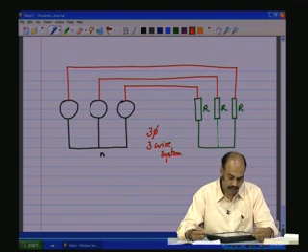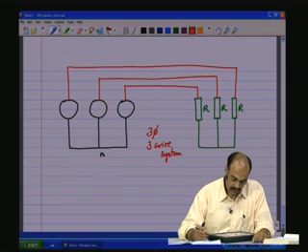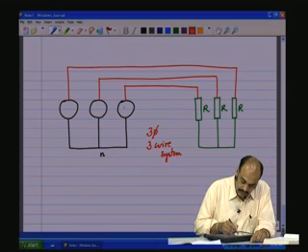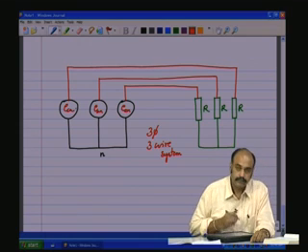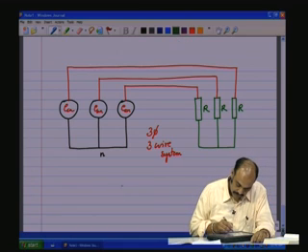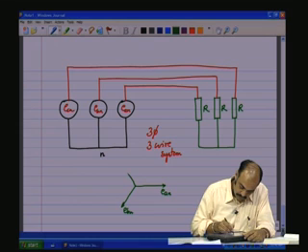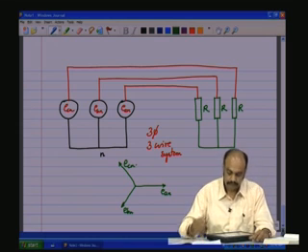Now, look at the way the source and the loads are connected, and we saw that EAN, EBN, ECN had a phasor diagram which was EAN, EBN, ECN.